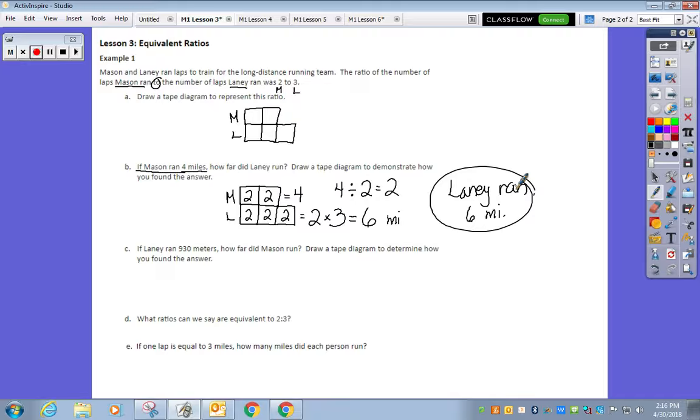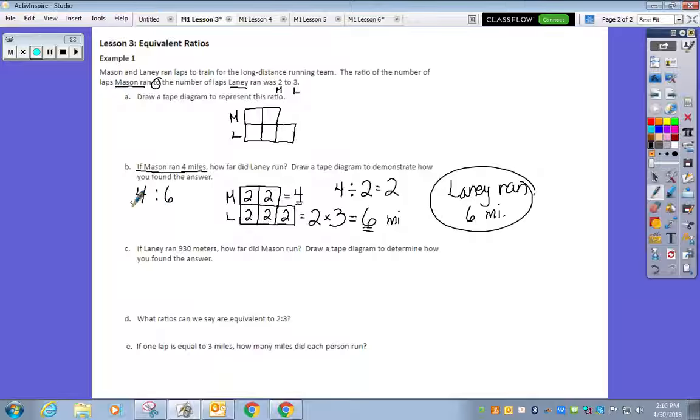Okay, so what's interesting here is that this is showing us that 2 to 3 ratio with the number of boxes, but because we've placed numbers inside each of the sections, it's showing us an equivalent ratio. Equivalent ratios just mean equal ratios. So this is also showing us a ratio of 4 to 6.